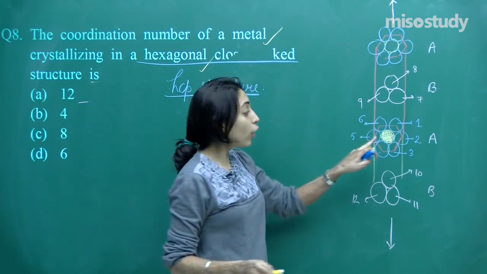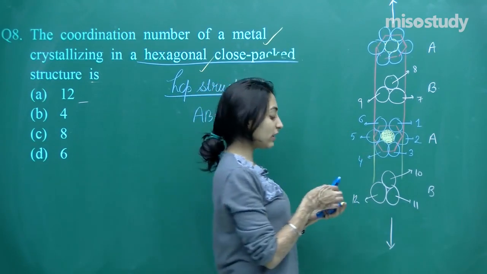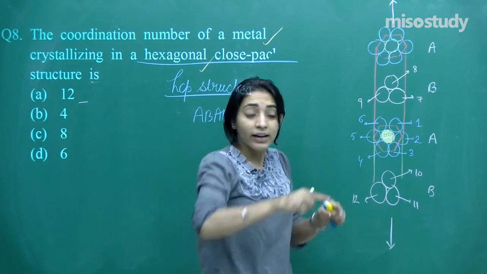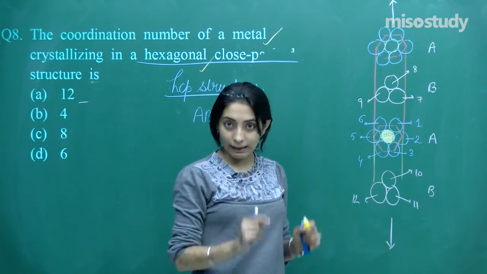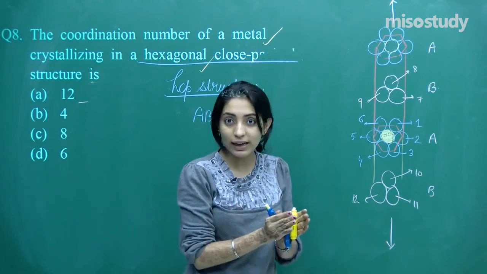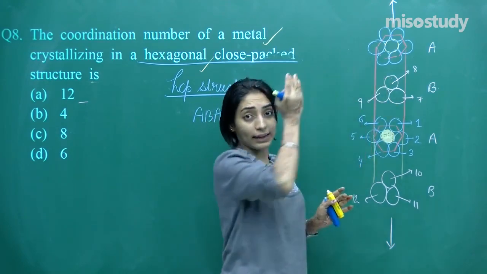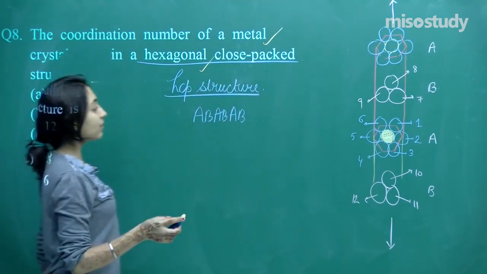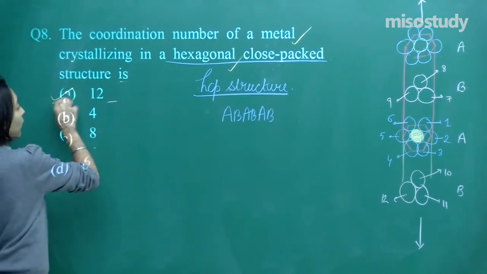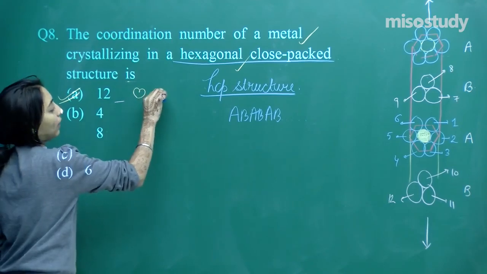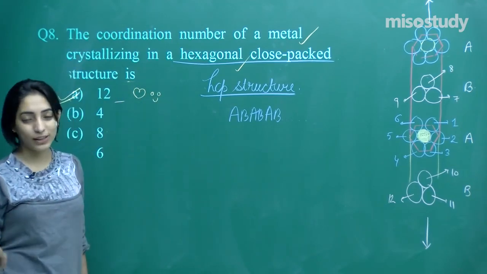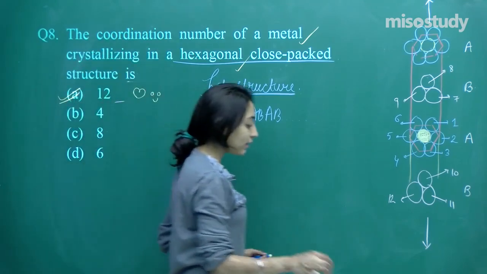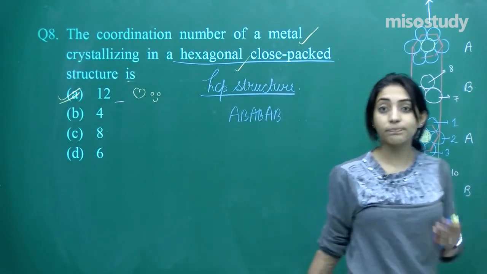That means to this yellow atom which is present in the center of the hexagon, 6 atoms are lying in the same plane which are directly touching it. 3 atoms are lying above it and 3 atoms are lying below it, thus making it a coordination number of 12. Again, I am in love with the question because the option is A, right? So this was our question number 8 that we have completed.